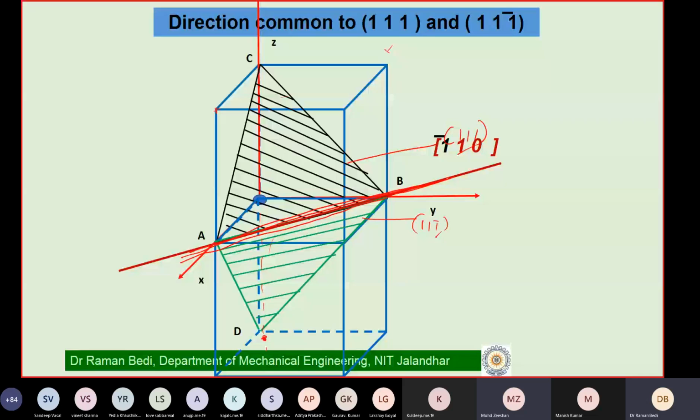So this direction happens to be your bar 1, 1, 0 direction. Bar 1, 1, 0 direction means I am taking the origin here, and we'll say that this is bar 1, 1 on plus, and it is 0 intercept on this. So this direction happens to be the bar 1, 1, 0 direction. This is as far as I see it graphically.